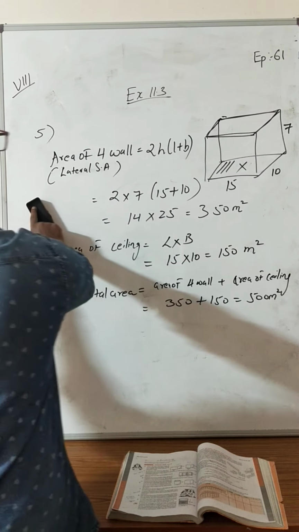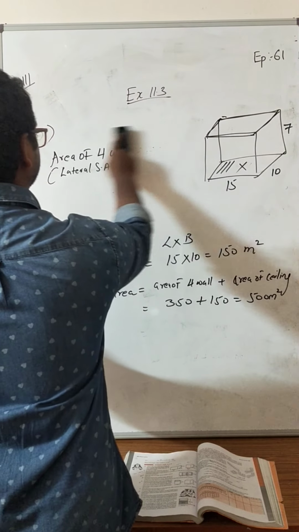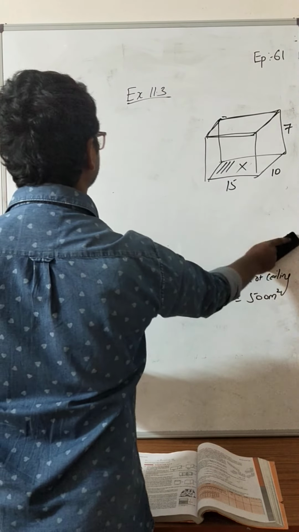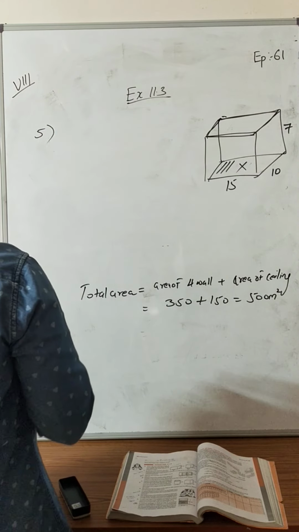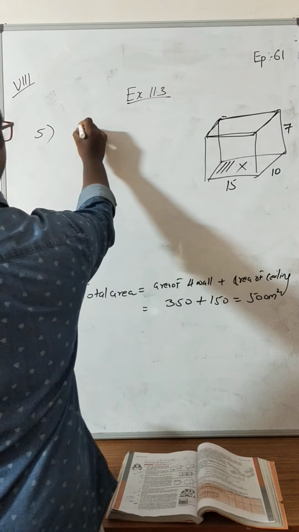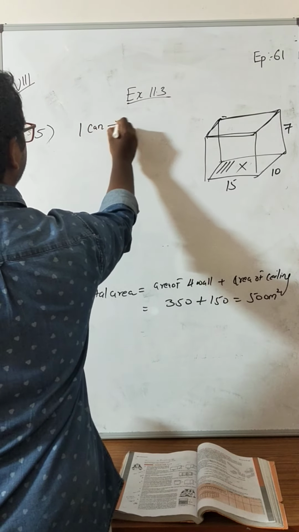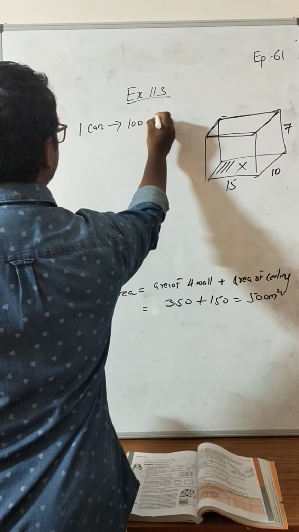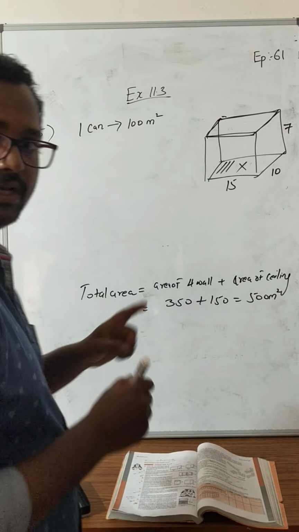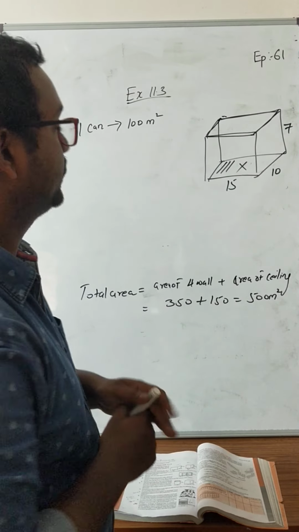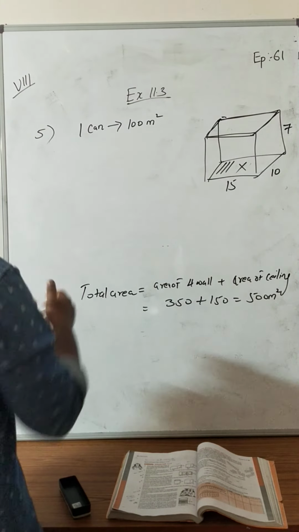Now, with one can we can paint up to 100 meter square. So the question is how many cans are required.